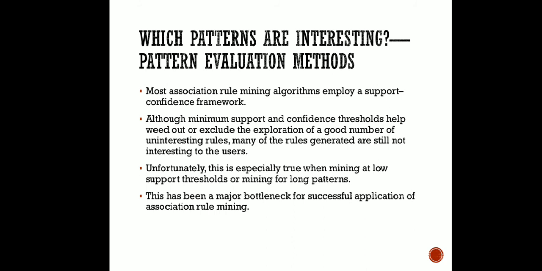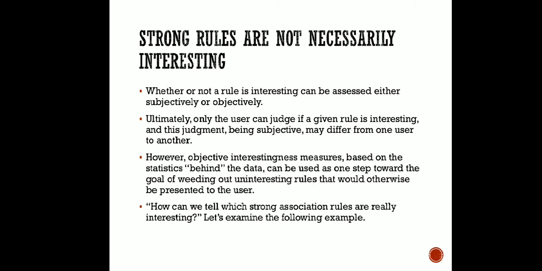Here our goal is to see an example of how it can mislead the user whenever we are just putting some minimum support level or minimum confidence level. Okay, my association rule is strong enough.